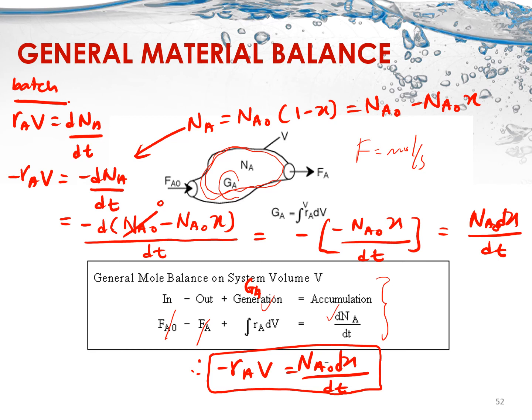Why we have V instead of integral of rA dV? Okay, because in a batch the volume is constant throughout the time. Okay, there is no change with the time, with the volume. Okay, so contohnya at T0, T1, T2, okay, the volume still sama. That's why we can put it as V only. So rA V is equal to here dNA over dt.